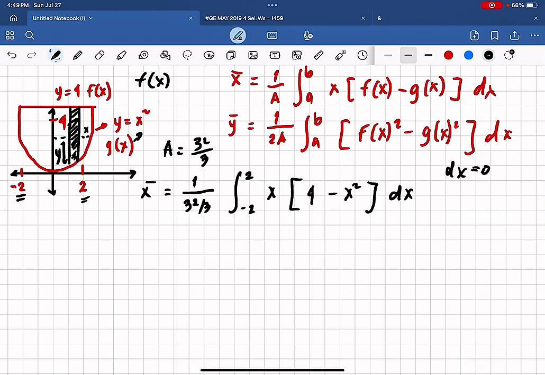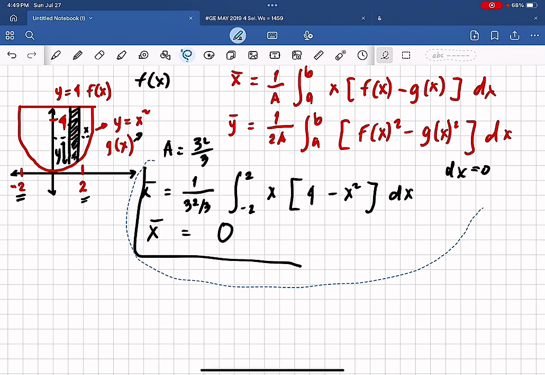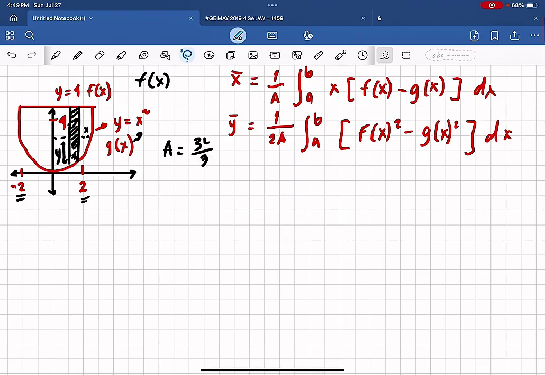So no matter how we solve this problem, because it is multiplied in our dx, which is equal to 0, the value of this x is equal to 0. So our x is equal to 0. Then let's solve for our y centroid.